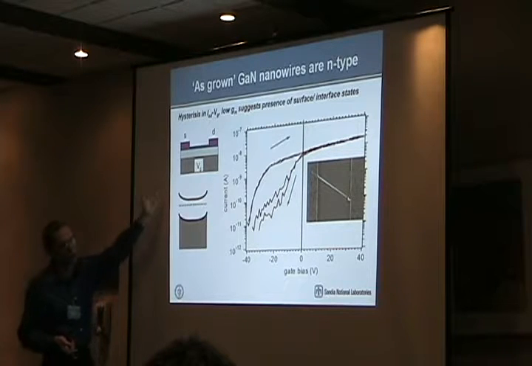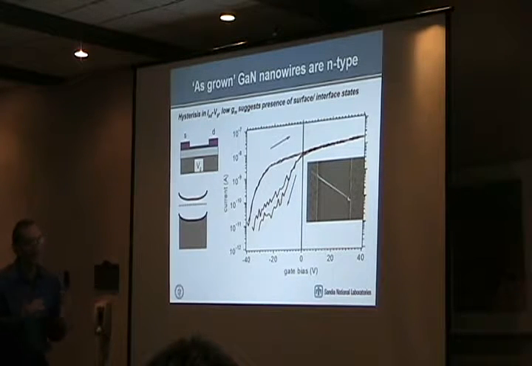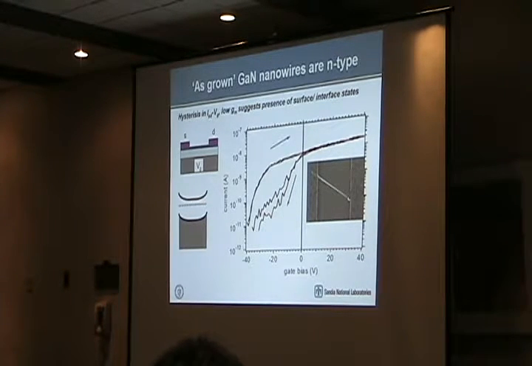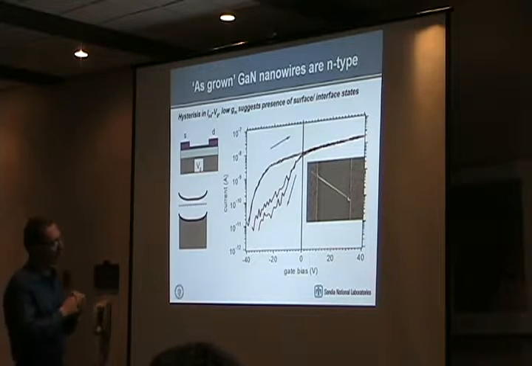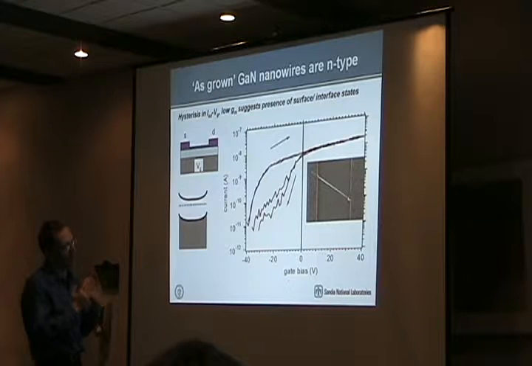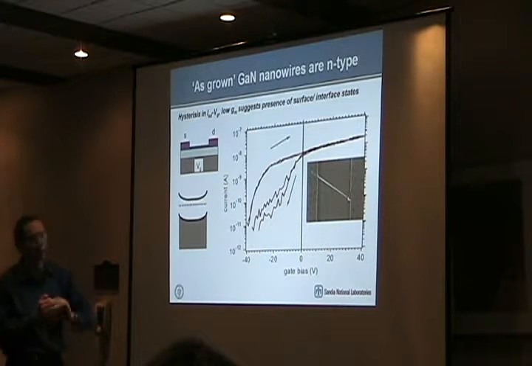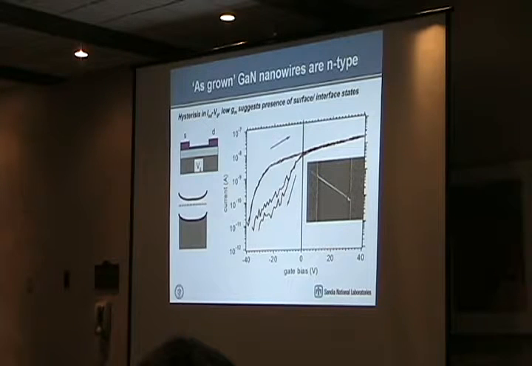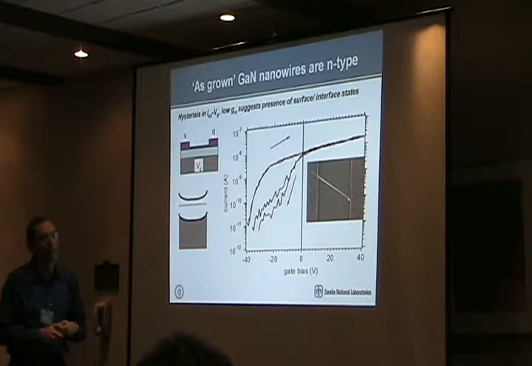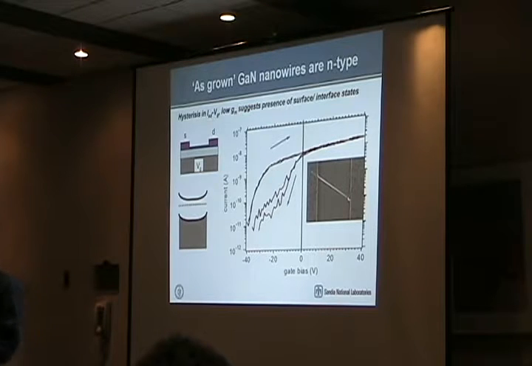It's generally degenerately doped, and many people do that, and they use the transistor characteristics, the source-drain current versus gate bias, to extract things like mobility out of the transconductance, which I think is a mistake. And the reason it's a mistake, particularly in this kind of simple geometry, is that, as you see, there's a lot of surface states.